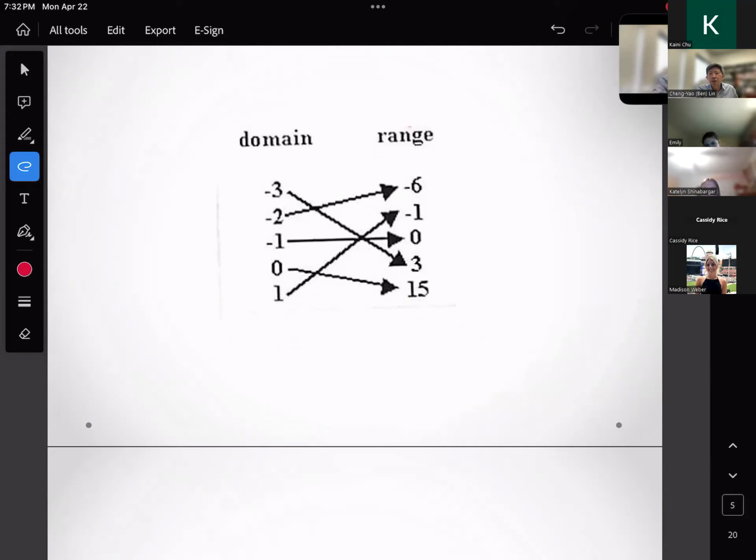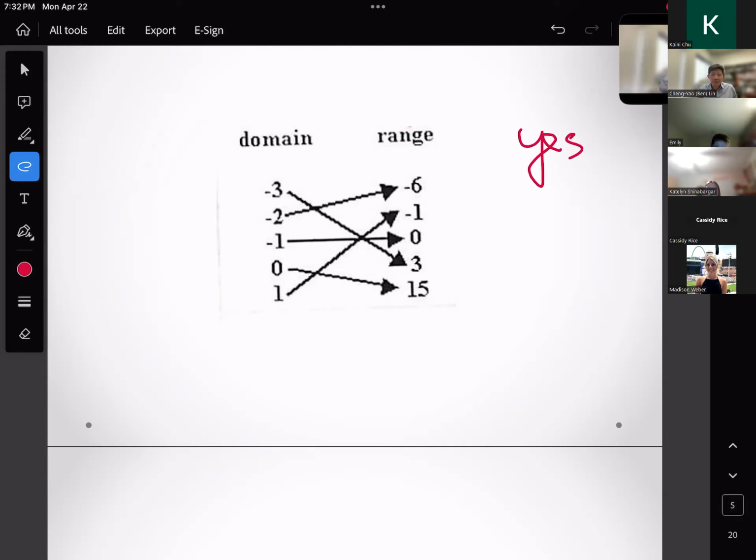Function or not function? I can hear you. Somebody say no. Yes or no? No? Okay. The answer is yes.